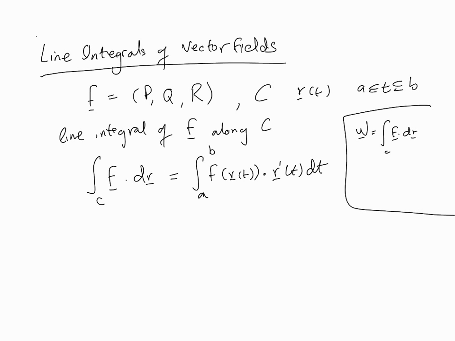Suppose that F is a continuous force field on R3, such as the gravitational field or the electric force field. In that case, the dot product of F with dr is force times displacement, is how you can think of it.